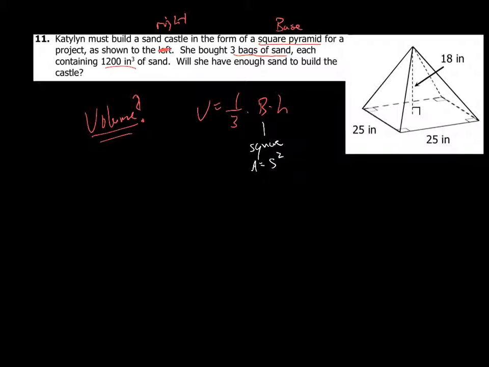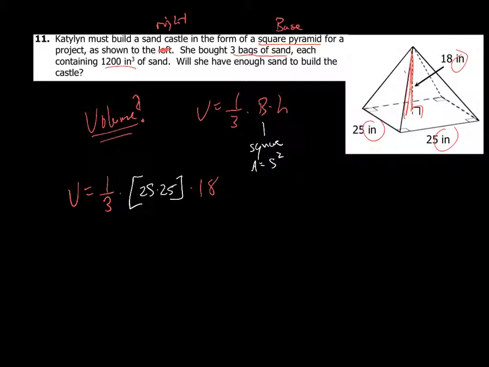So we just come off to the side and work a little math magic. 1/3 times the area of the square is 25 times 25, or 25 squared. That's the area of the big B base, times the height of the pyramid, it's the base at right angle, is 18. And these are all in inches, so that's good.